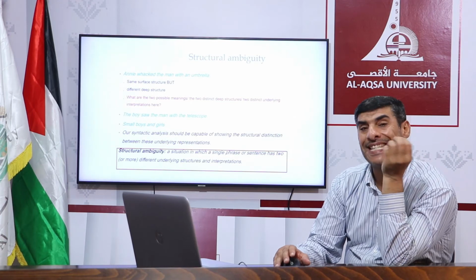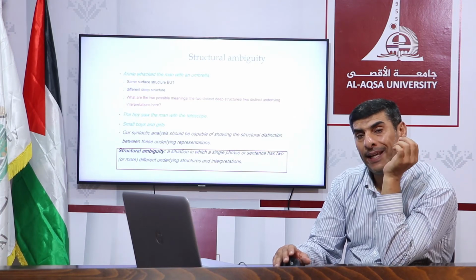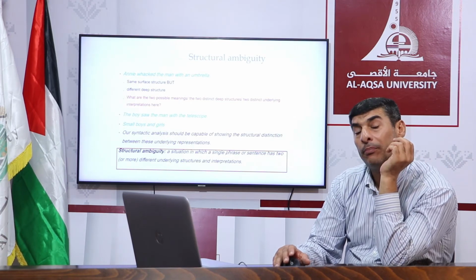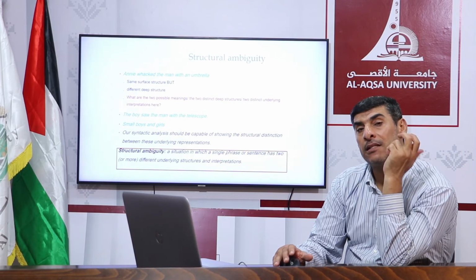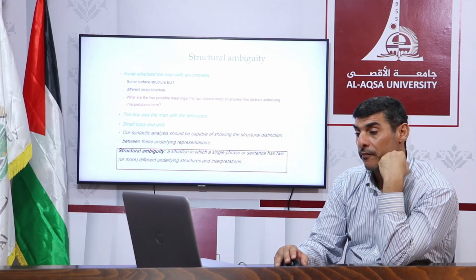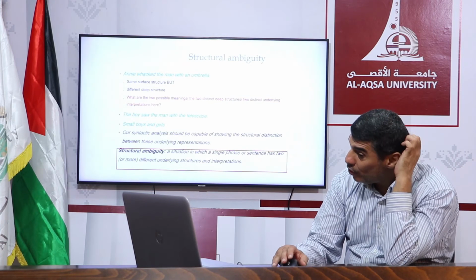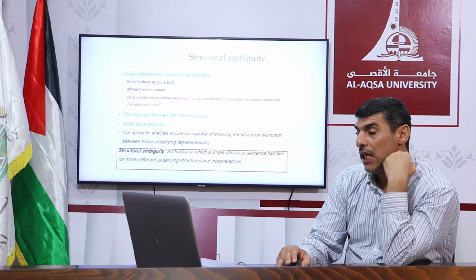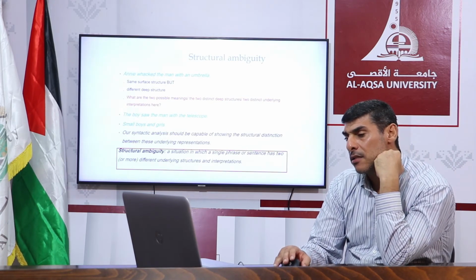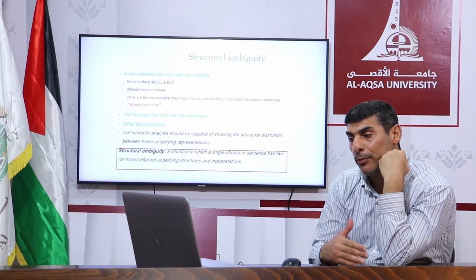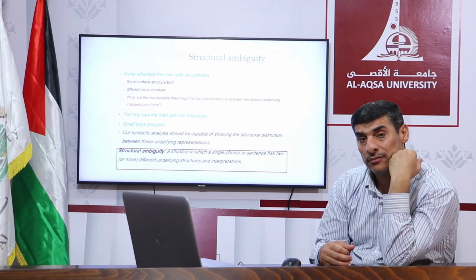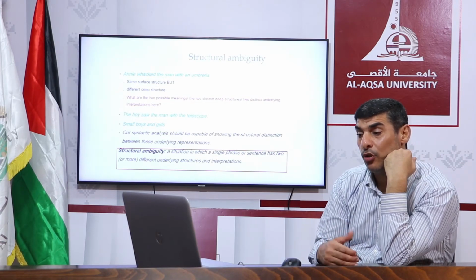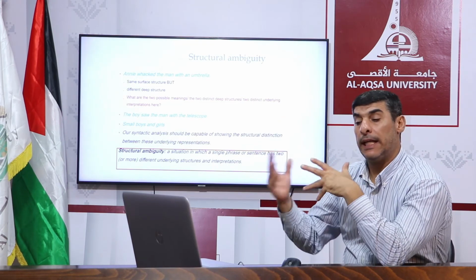So this sentence carries two different meanings. Hence, it is an ambiguous sentence. Okay, another one: small boys and girls. If I say small boys and girls, do I mean that the boys and girls are small? Or do I mean small boys and girls who are not small?